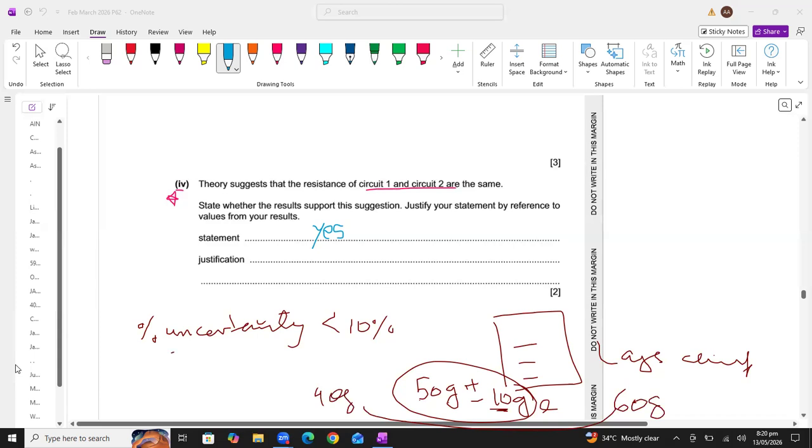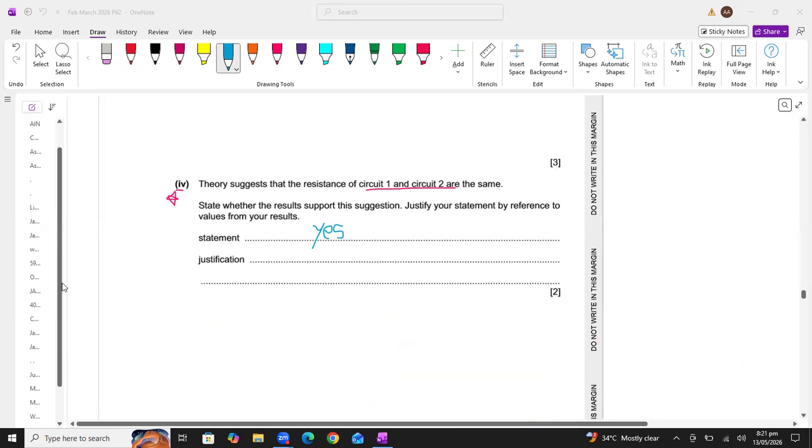If the difference between two values is less than 10%, it means these two values are correct within the limit of experimental accuracy. But if the percentage uncertainty is greater than 10%, these two values are not correct according to experimental accuracy.